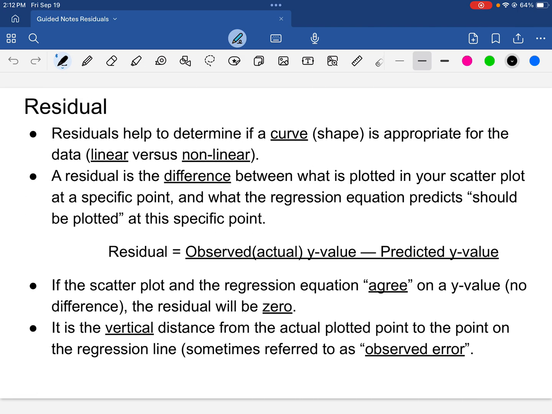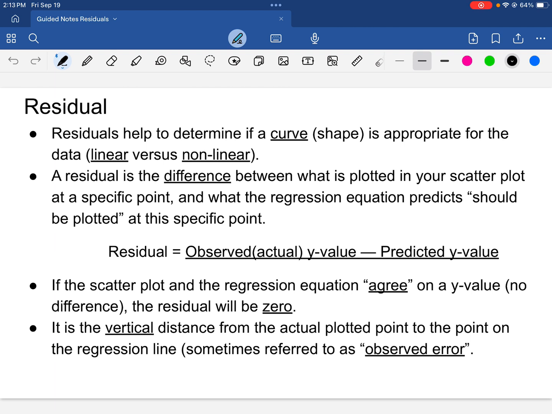Right, so residuals help to determine if a curve shape or a linear versus nonlinear model is appropriate. The residual is the distance between the actual y value and the y value you get when you do the regression equation and predict the y value.